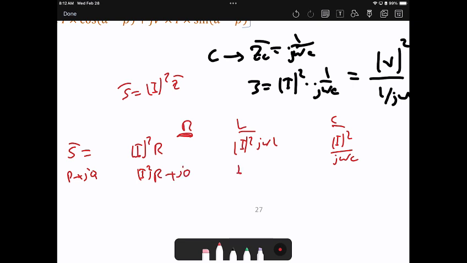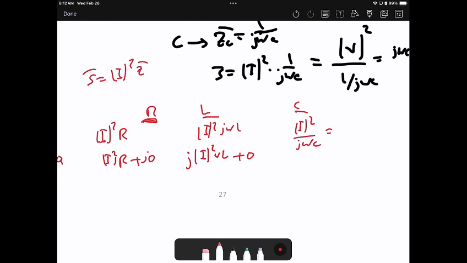For the inductor, I squared times j omega L, plus 0, because there are no real parts. For the capacitor, I can write it as negative j I squared over omega C, so it is 0 minus j I squared over omega C.